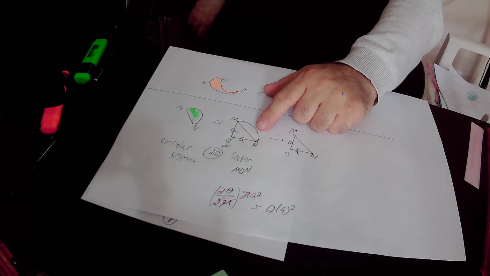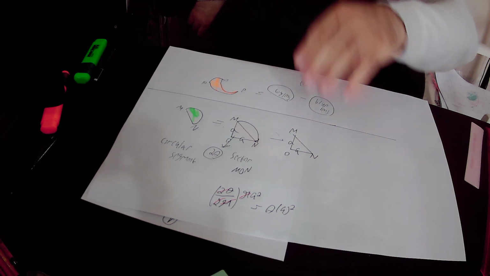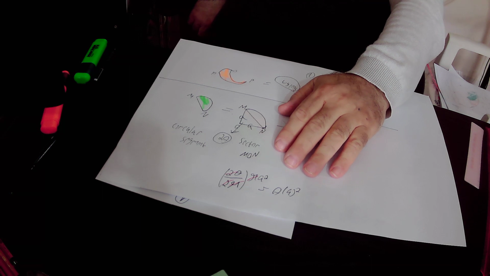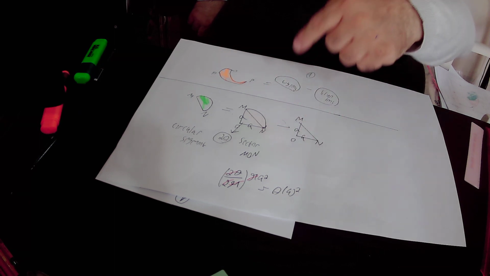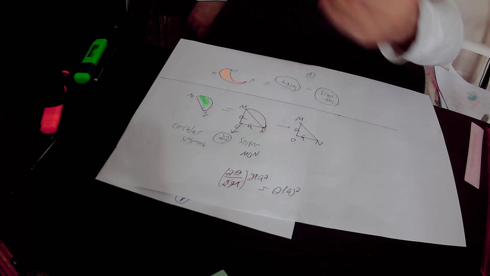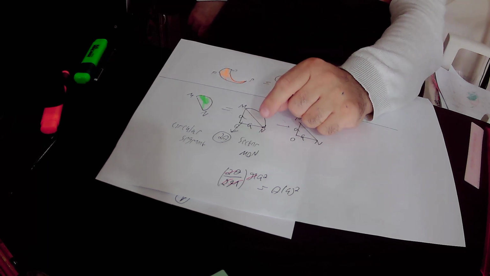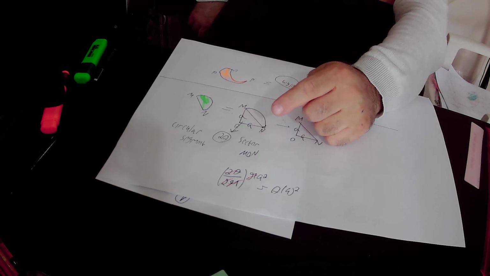The area of this circle is pi r squared, pi a squared, and we have to multiply it by the percentage that the sector occupies, how much of the whole circle this sector occupies.